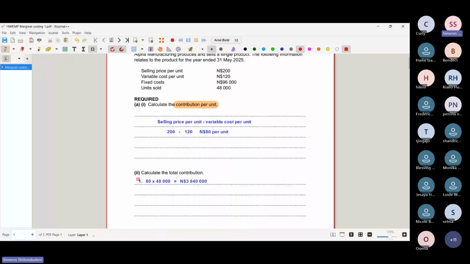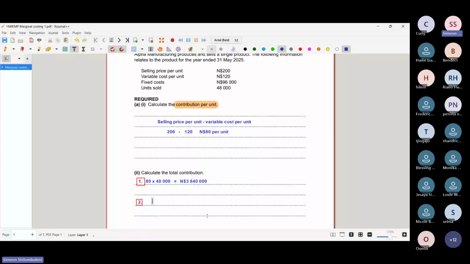Now, what is the second way to do it? The second way to do it is to do it like you have a business. If you have a business, you will say, I am selling a product that is costing 120 and the products are 48,000.